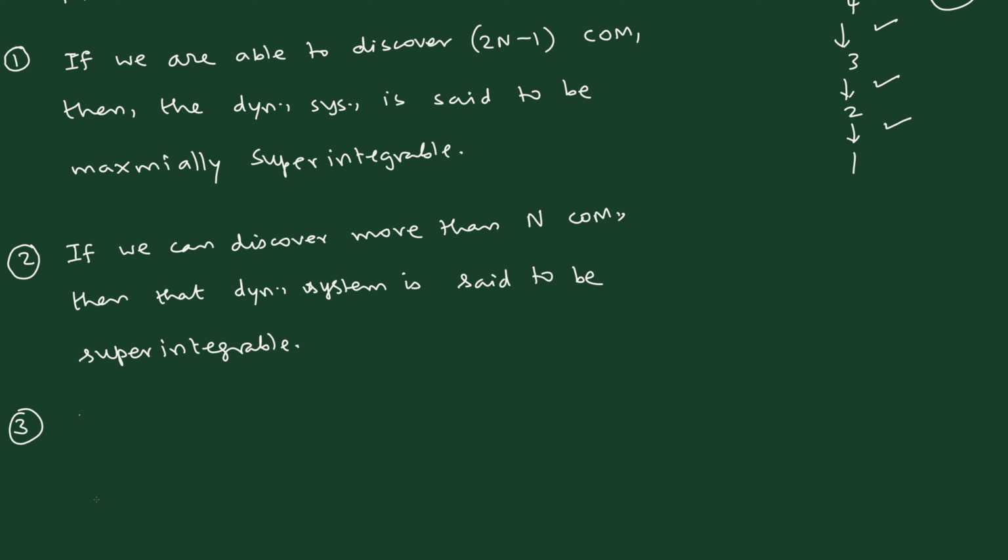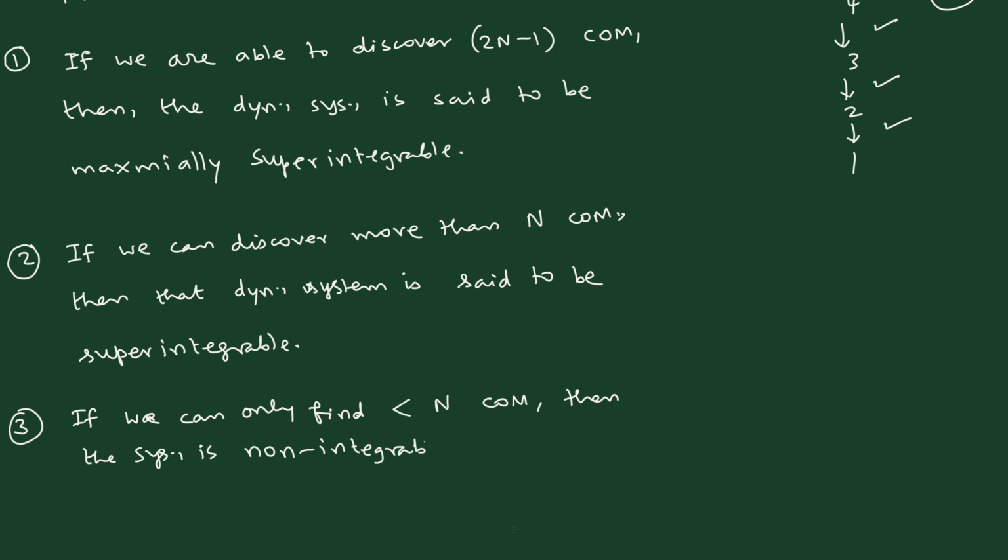Then the third situation corresponds to the case where we can only find less than n number of constants of the motion, then the system is non-integrable. So this is the requirement.